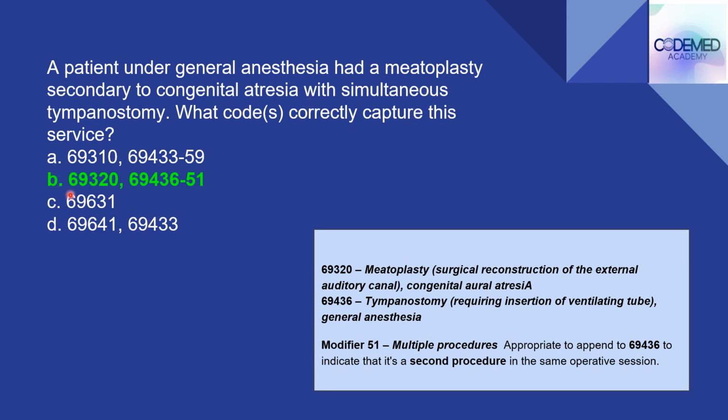So we are going to write the code 69320. And if you look at the codes 69433 and 69436, 69436 is the tympanostomy requiring insertion of the ventilation tube under general anesthesia, and we have that word, so that's the more appropriate code.